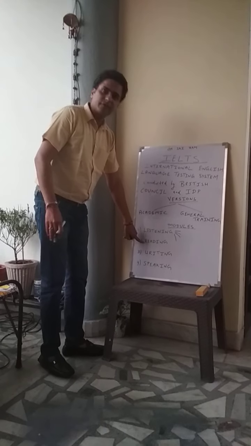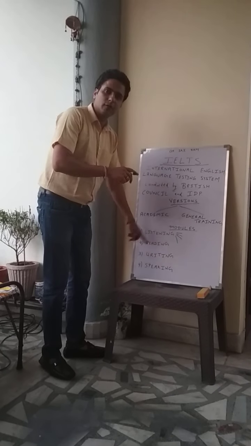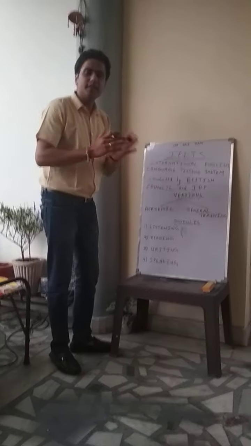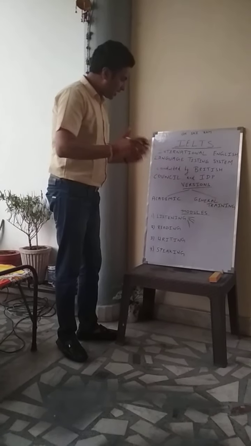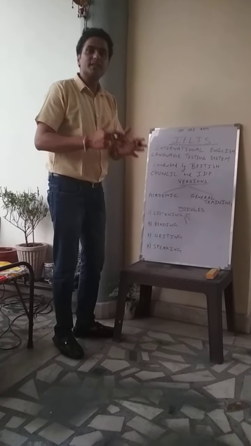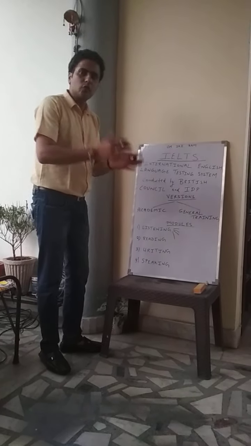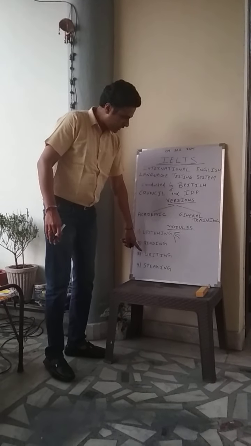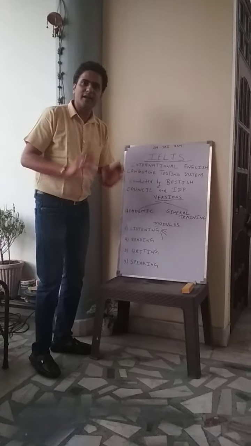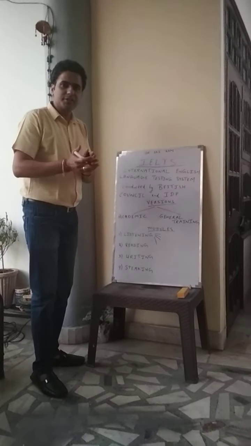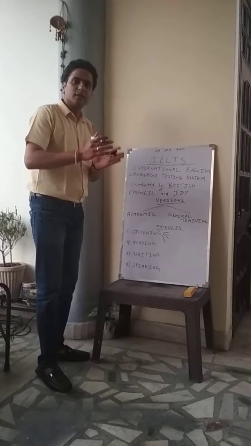Reading is different for academic and GT. Now what is the difference? For general training test takers, reading will be easier. Whereas for academic test, reading will be lengthy as well as more difficult as compared to GT test. Now in writing, as I have told you, there are 2 tasks. Writing task 1 is different for academic and GT, whereas writing task 2 is similar.